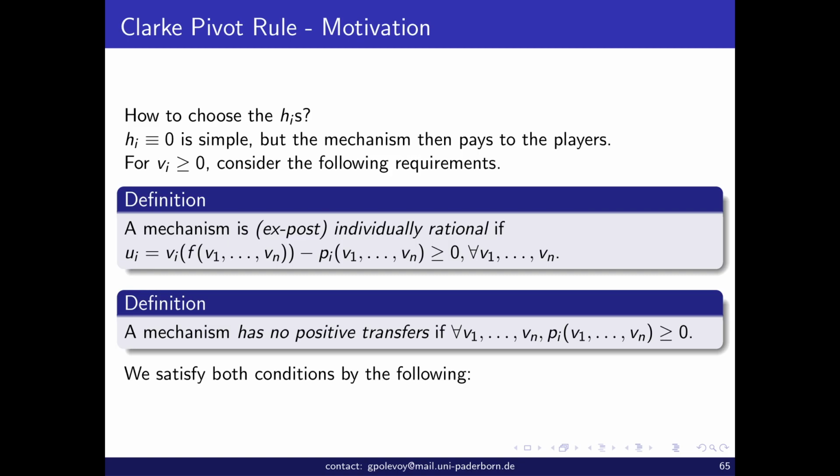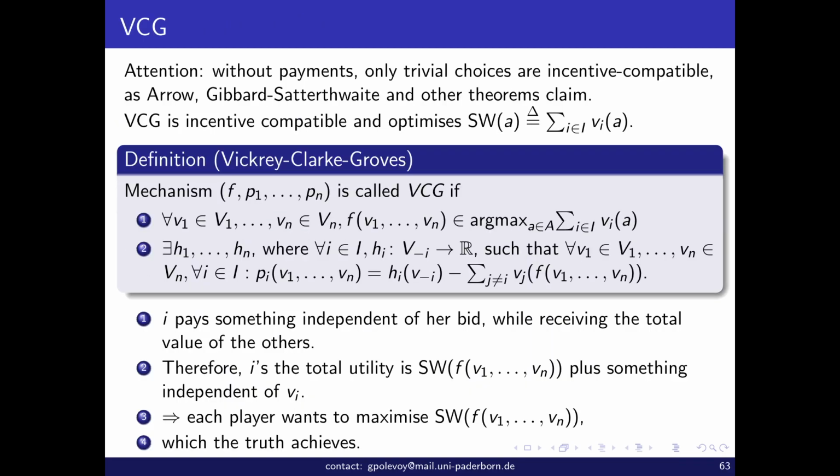Now, trivially, we can choose H I to be anything, and it will still be incentive compatible. But let's see what we want from the mechanism. You can choose anything, but if, for example, we choose H I to be 0, it seems simple, but the mechanism would have to pay the players, because the payments are this H I minus something.